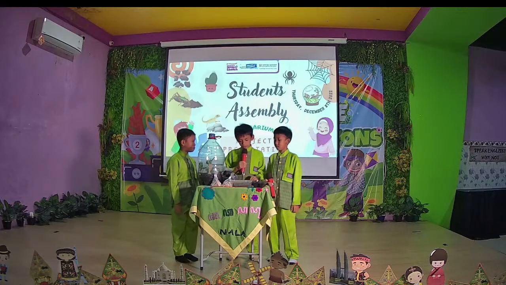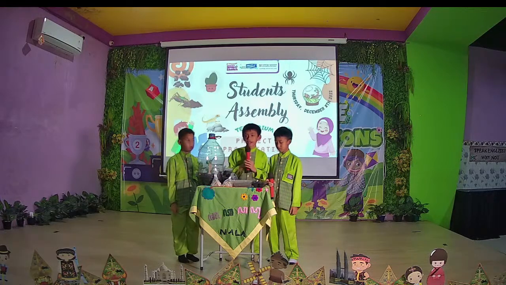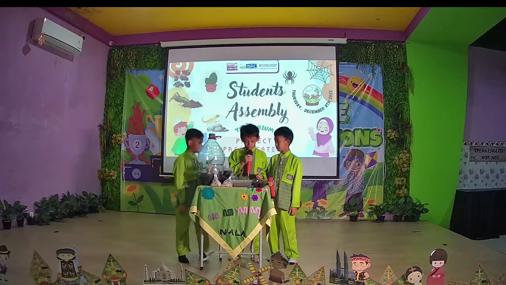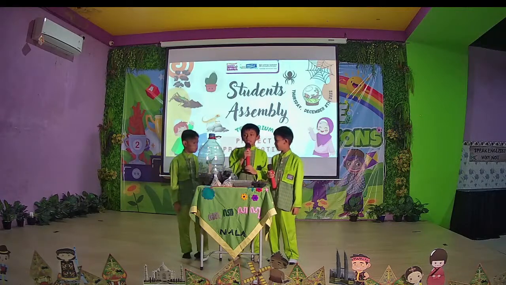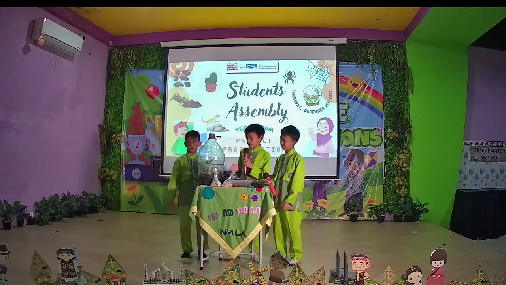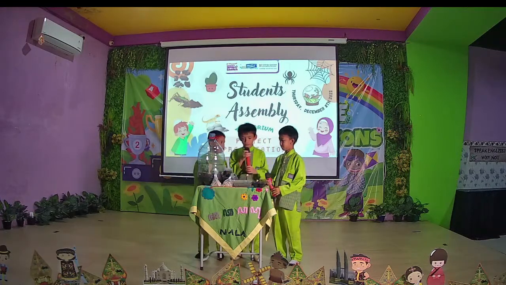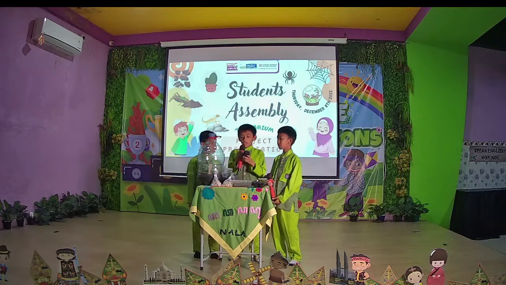The first is gravel or coral. The function of gravel or coral is basically for drainage so that water does not stagnate on the surface of the plant. In the second layer, there is charcoal.